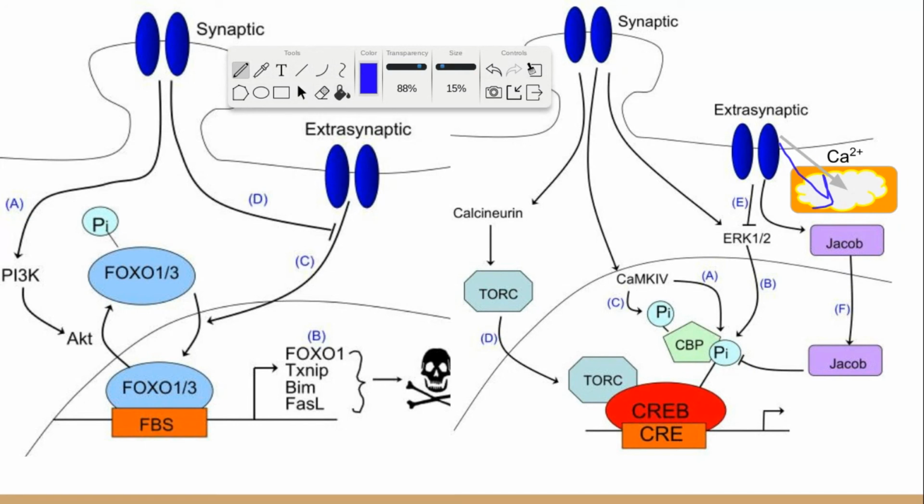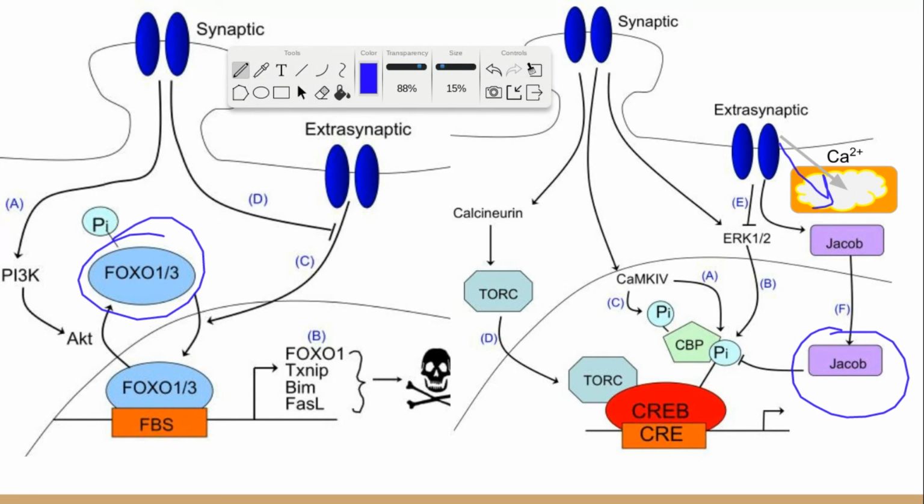So although the nucleus itself cannot distinguish calcium flux that's derived from synaptic NMDARs versus extrasynaptic NMDARs, what likely makes a difference is the presence of extrasynaptic NMDAR activated proteins like Jacob or FOXO3A.